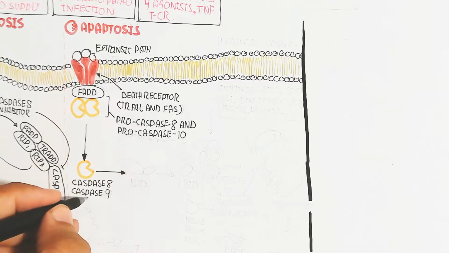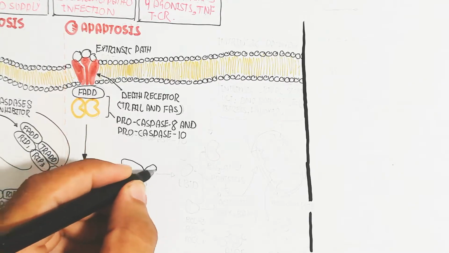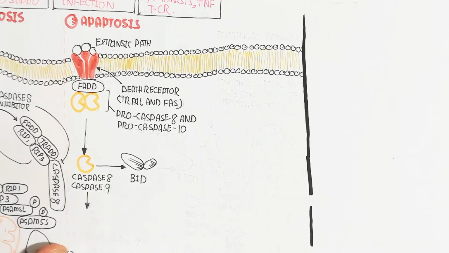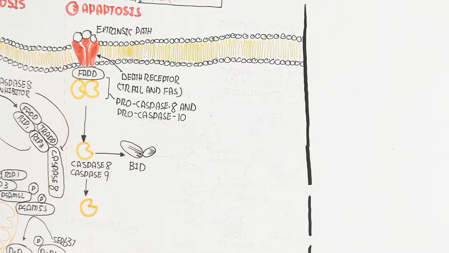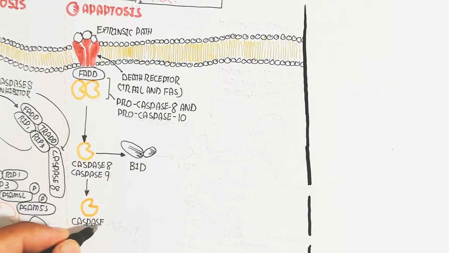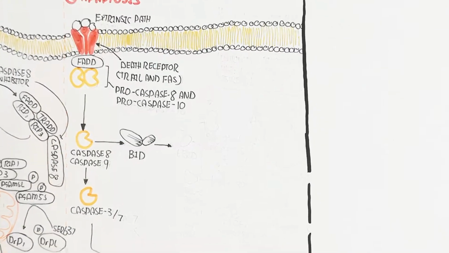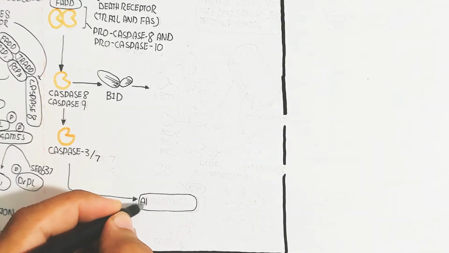In this way, Bid activation leads to tBid. On the other hand, caspase 3 and 7 are activated via caspase 9 and 8. Remember that caspase 3 and 7 lead to apoptosis.